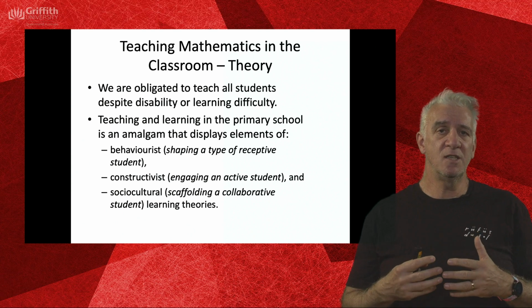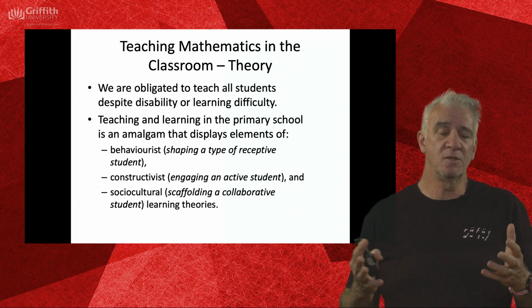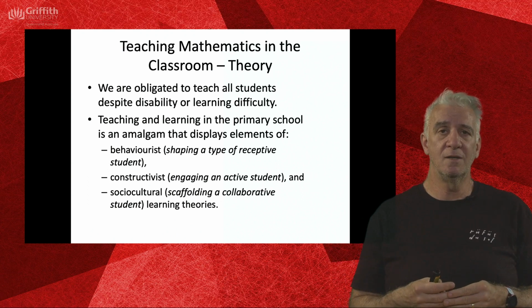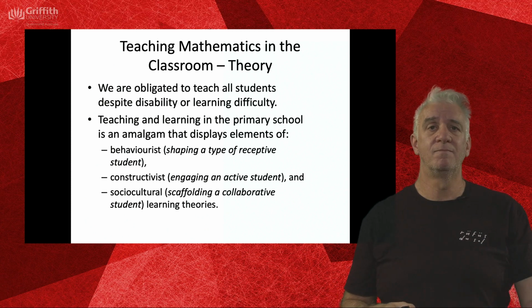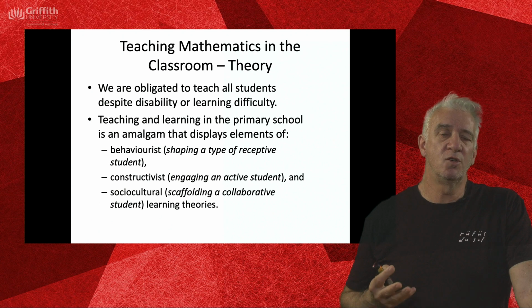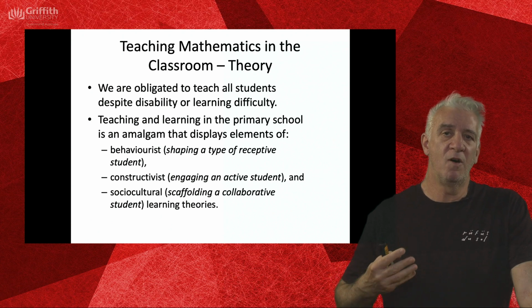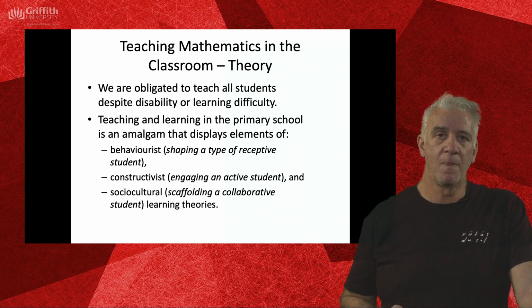So as teachers, this is our obligation. And often what we find in classes is people deal with a diverse student body really well in a range of subjects, but in mathematics we just teach them all the same. So it's important to make sure we provide opportunities for all of them. And there's lots of ways we can do that, not the least being having a variety of approaches.